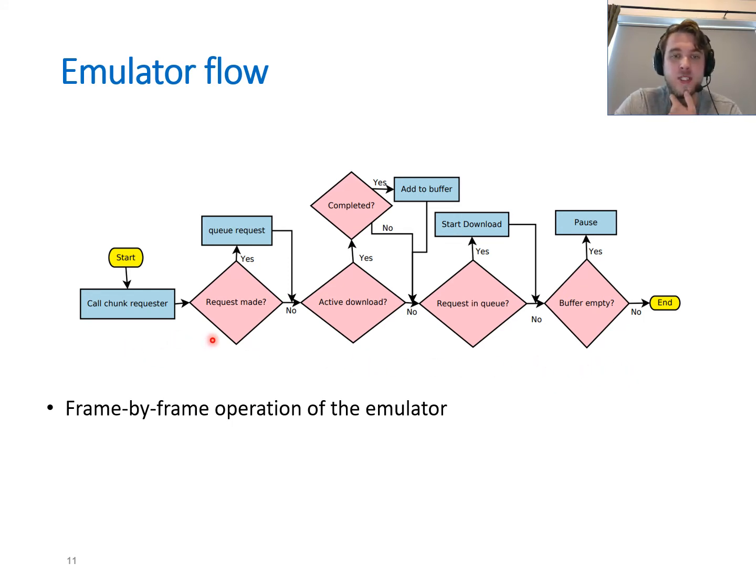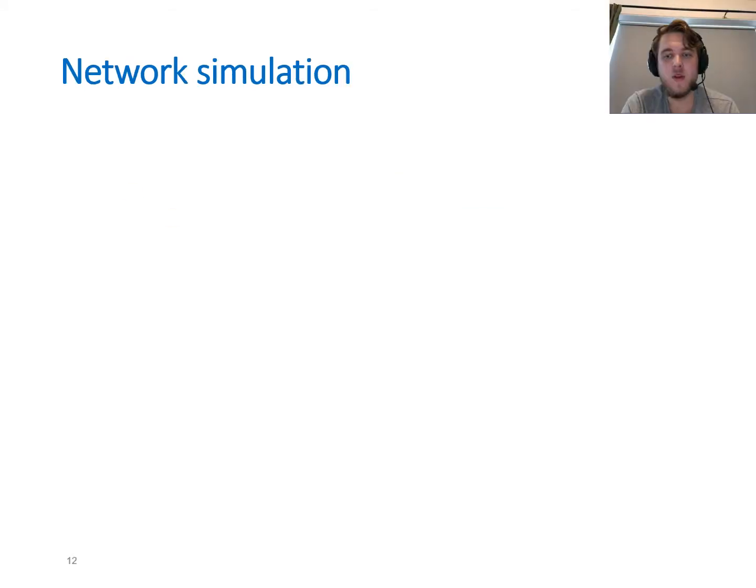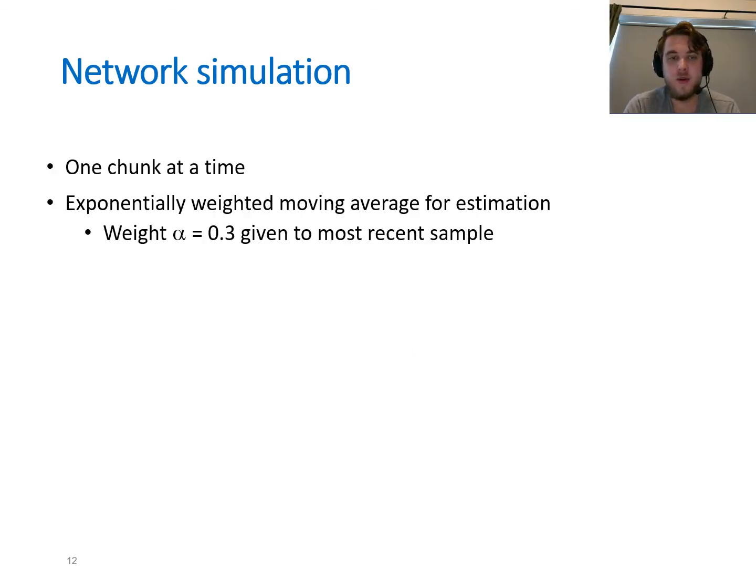It starts with requesting and then checks if there's an active download, and if not, it starts a new download and then pauses if the buffer is empty. The network simulation of the emulator works one chunk at a time, and it uses an exponentially weighted moving average for estimation with a weight of 0.33 given to the most recent sample.